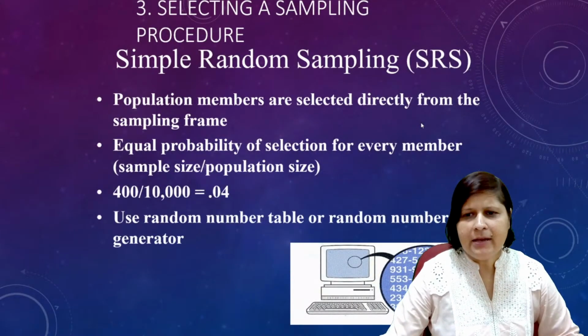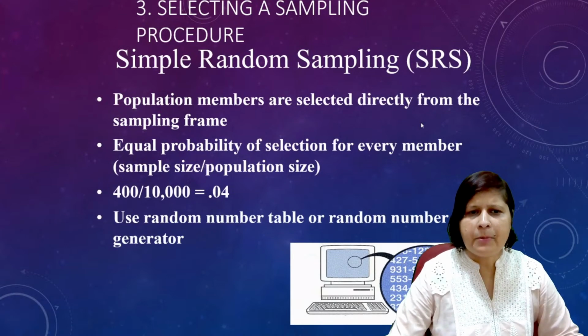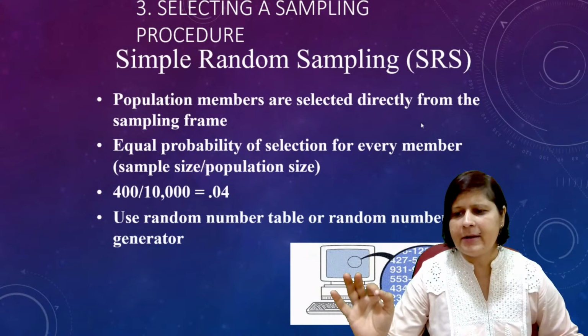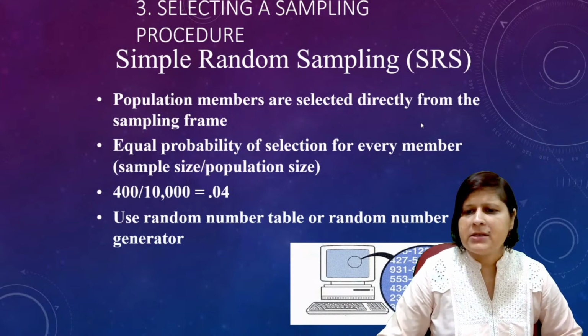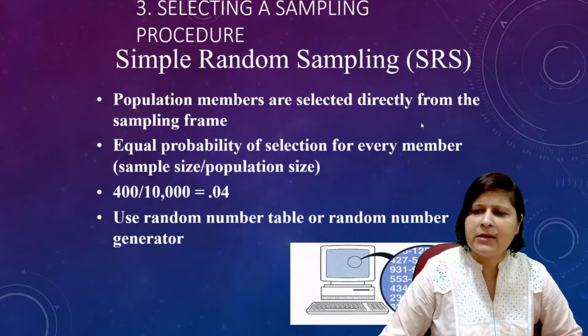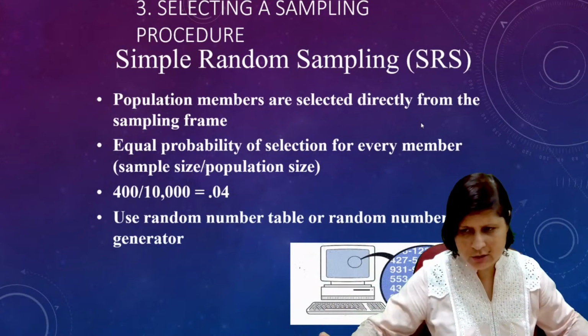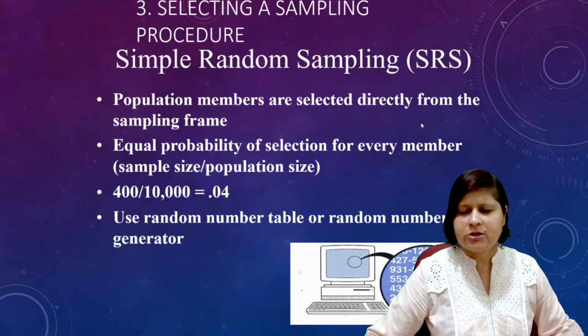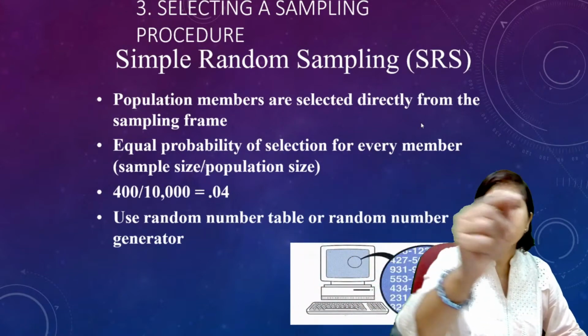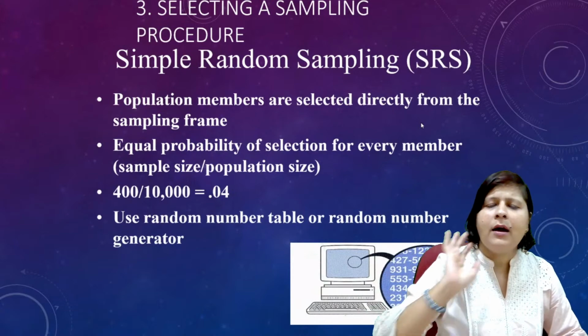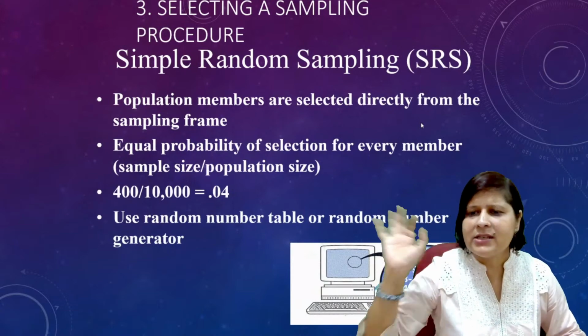Simple random sampling. The first technique of probability sampling is simple random sampling. What is simple random sampling? Population members are selected directly from the sampling frame. I have a list. What is a sampling frame in the easiest terms? It's a list of the whole population. I can choose anyone as a sample: X, Y, Z, anyone.